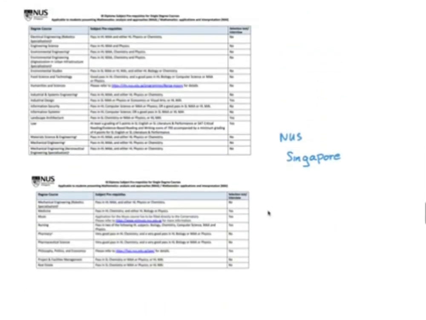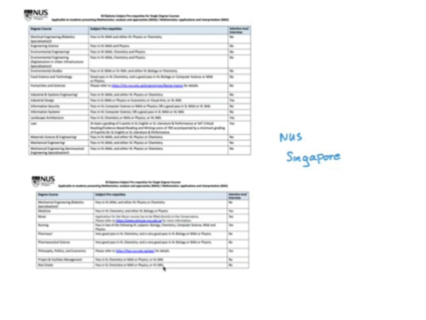Singapore, National University of Singapore, they're quite strict in that they really want analysis HL. So for all the engineering ones, they want AAHL. But even if you go down to, say, real estate, they want maths AA, a pass in SL, chemistry or maths AA, or HL maths application.